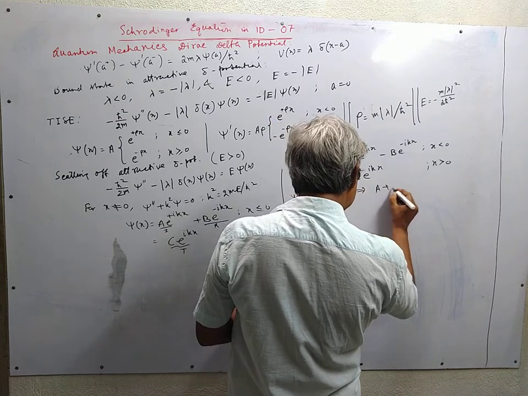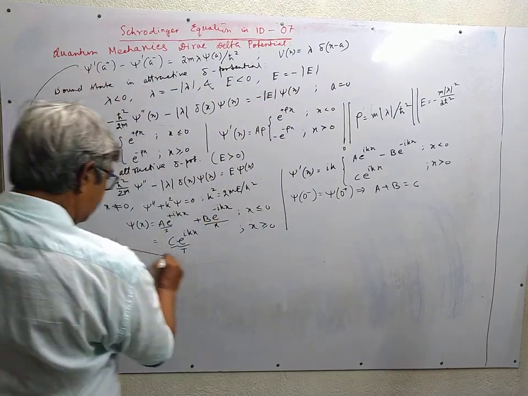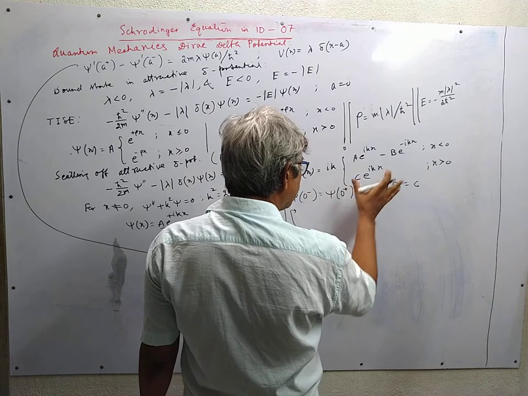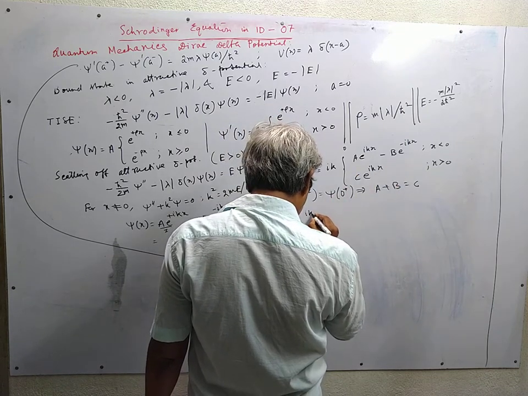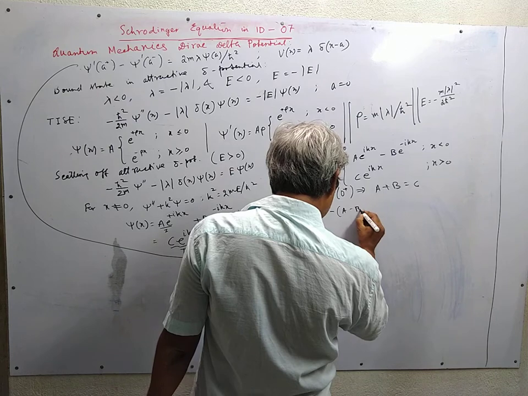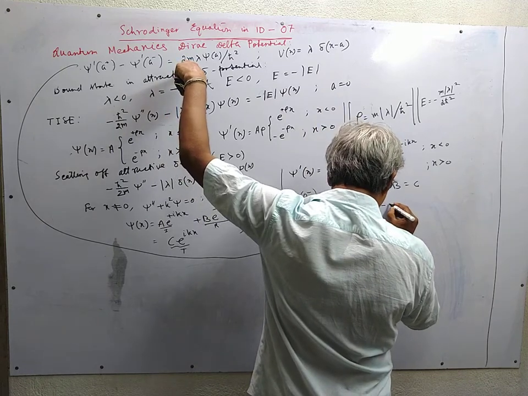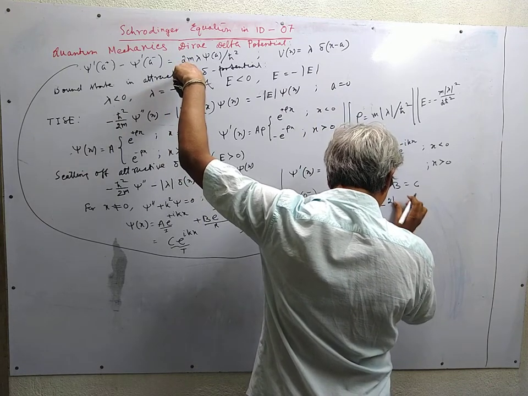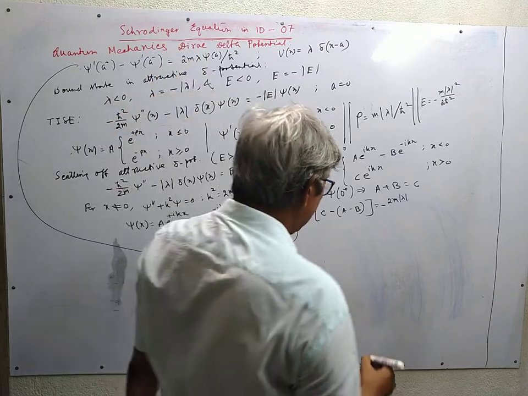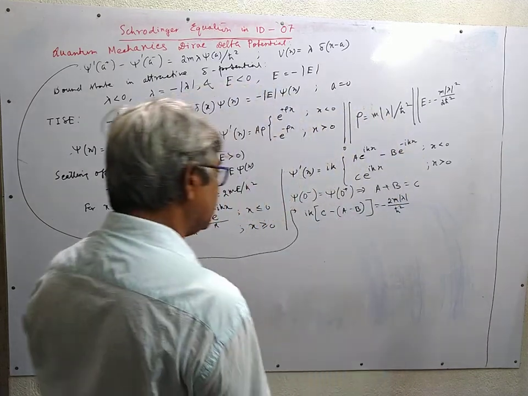This gives you a plus b is equal to c, and for the discontinuity condition, we find that on the positive side it is ikc minus ik a minus b is equal to, this part is minus 2m mod lambda, because we are considering the attractive well, and psi at 0 is a plus b.